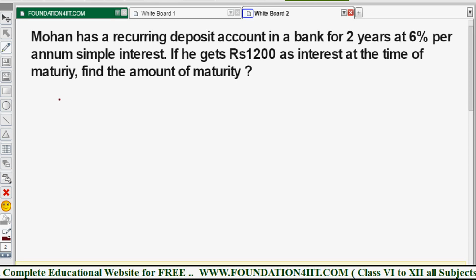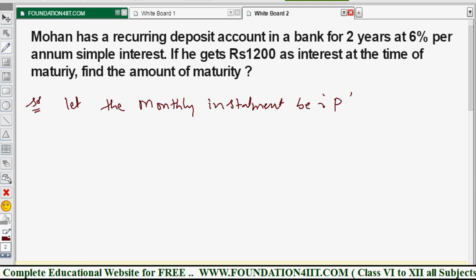The monthly installment is not given, so let the monthly installment be rupees P. Now the rest of the values are given.